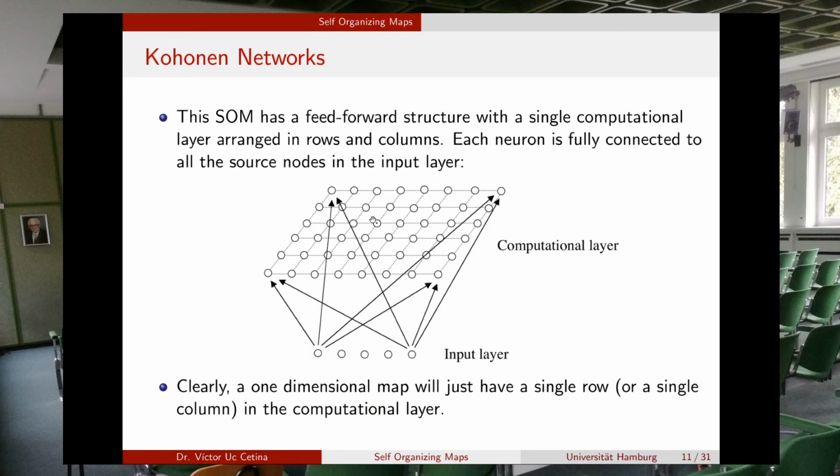And the neighborhood, as you will see, is important to make the neurons closer to the activated neuron become similar to the activated neuron every time you feed the network with a new vector.